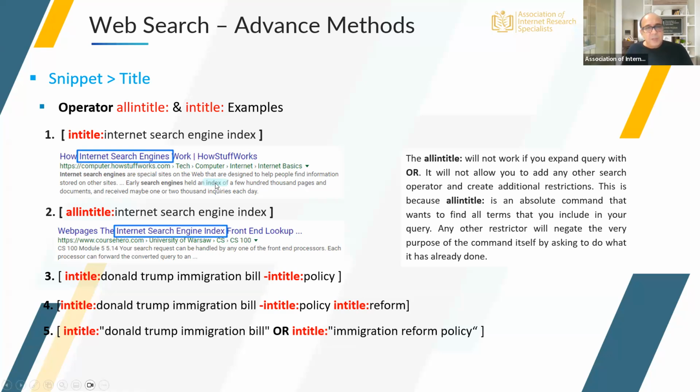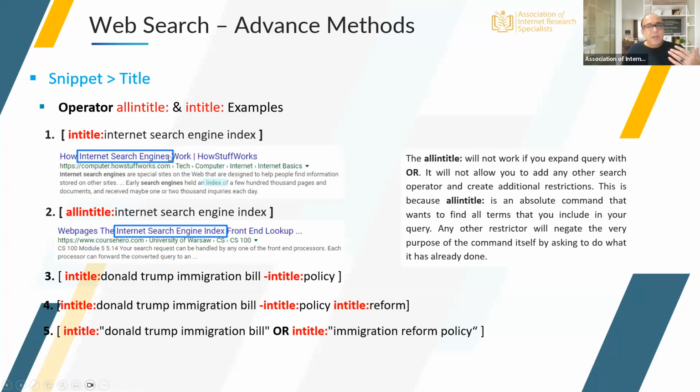Now, if the word index appears in the description part, that is something different, which means it attempted to find it first in the title part. If it didn't, it looked for pages that also contain, besides these three words, the word index in the body of text. This part is pulling information from the rest of the body of text, whereas the top portion is pulling the words from the title tag.